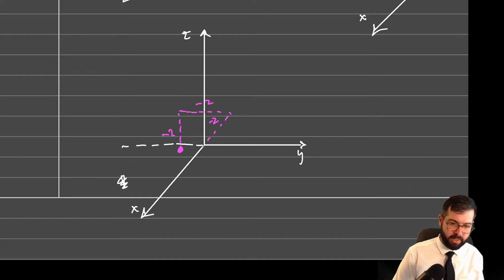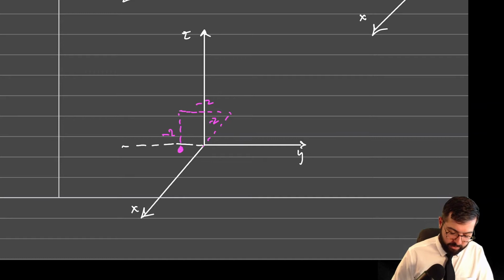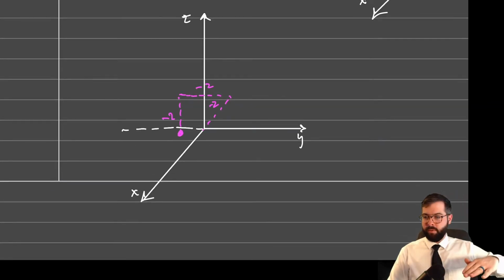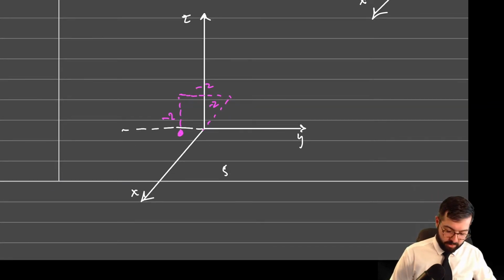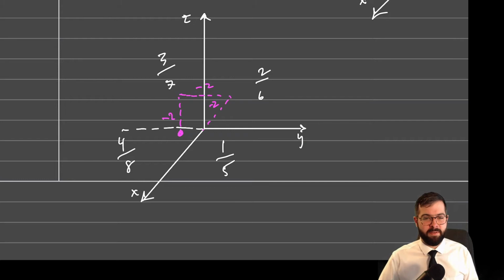Yeah, and we'll chalk that up to me not being the greatest artist in the world. But when we're in the basement, underneath the XY plane, it goes 5, 6, 7, 8, if 1 is on top. Cool.